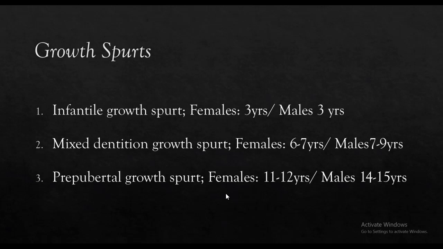The body parts don't enlarge at the same rate and same increment per year. Growth is especially rapid during intrauterine life. Considering the whole postnatal growth period, there are three main spurt periods: infantile, mixed dentition, and prepubertal.